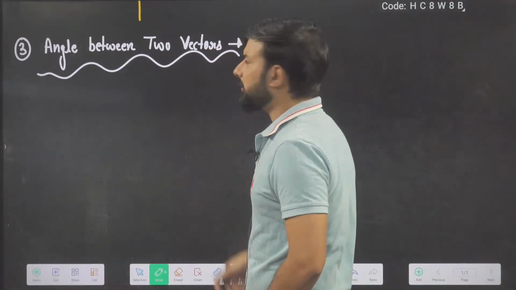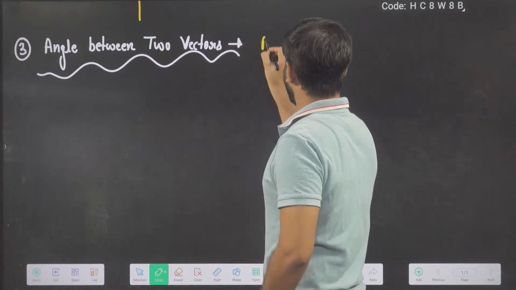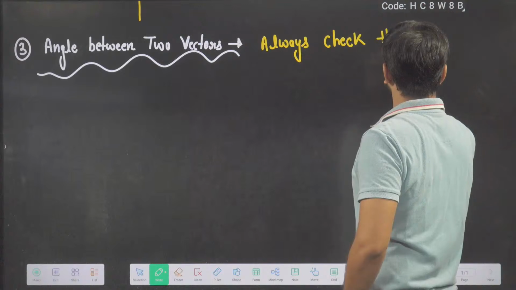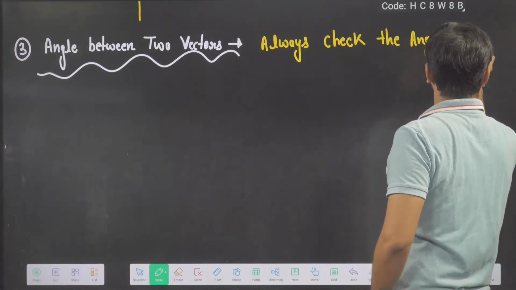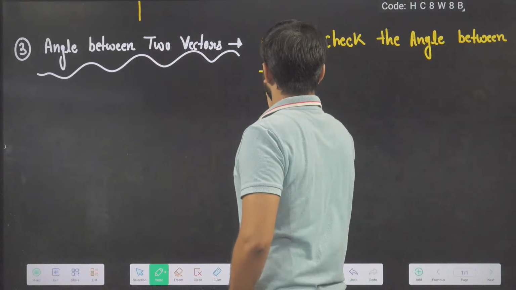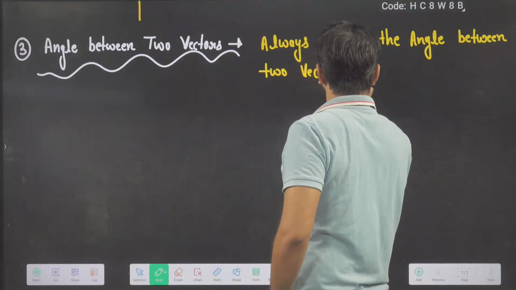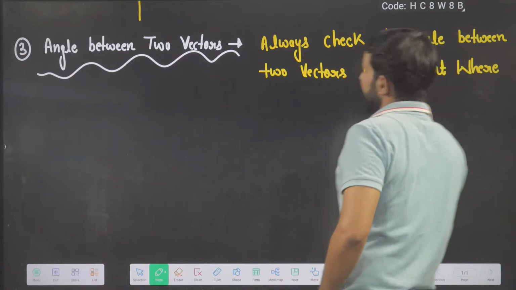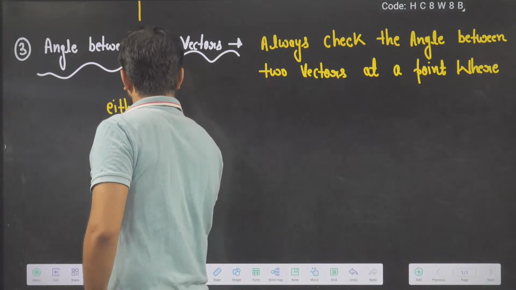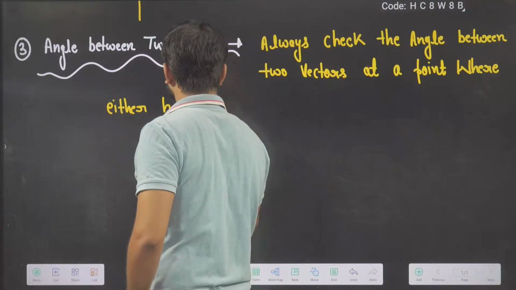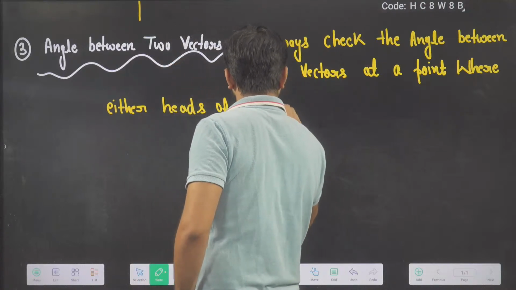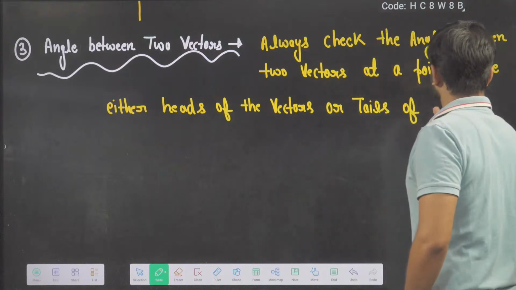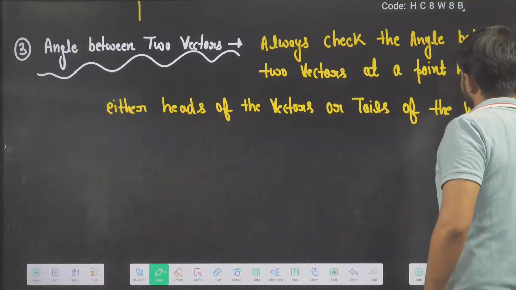So for the angle between two vectors, what you have to remember is, always check the angle between two vectors at a point where either heads of the vectors, or tails of the vectors, are joining.